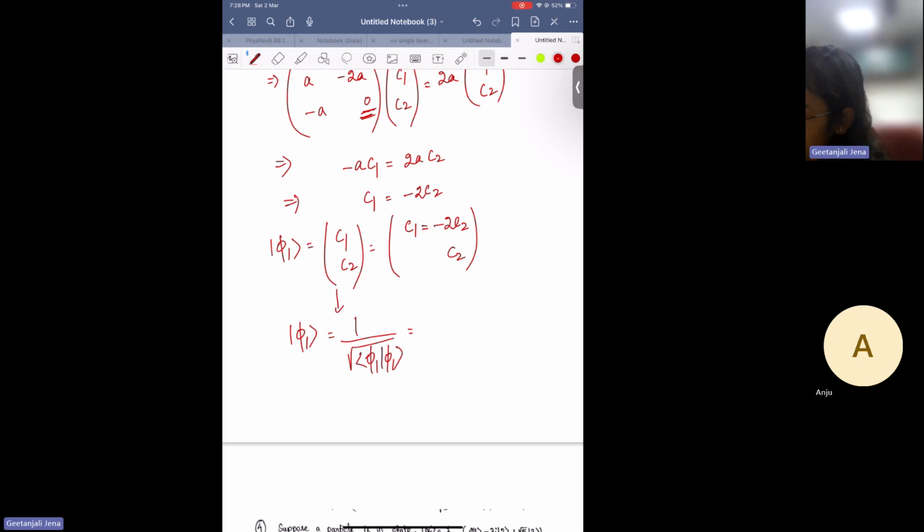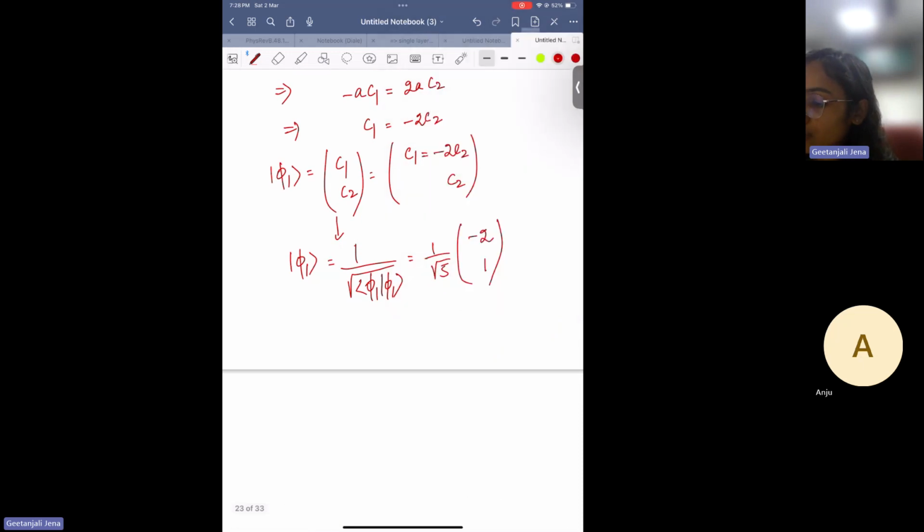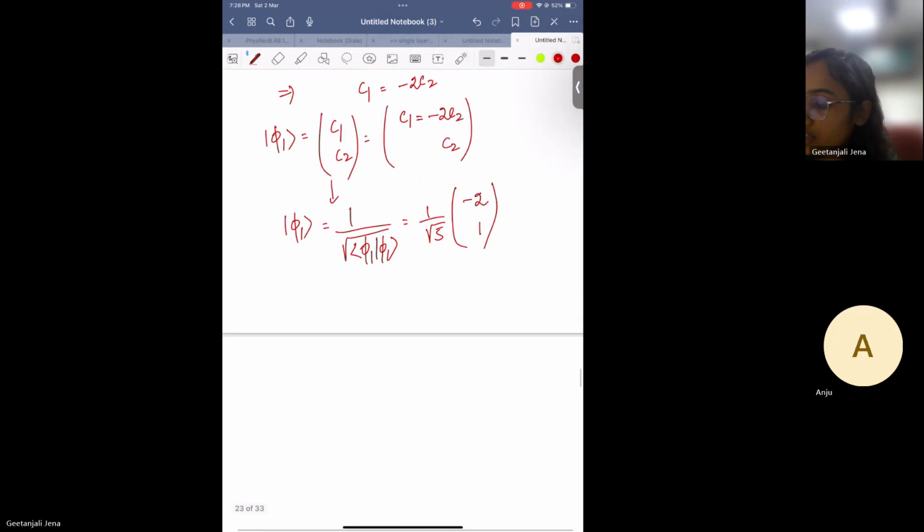Then you will get phi 1 equal to 1 by root over 5 times (minus 2, 1). So this is one of the eigenstates corresponding to lambda equal to 2A.